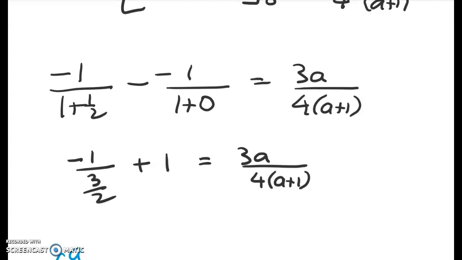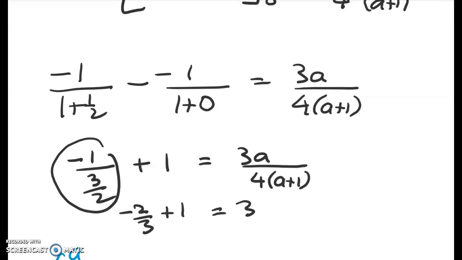That gives me here negative 2/3 plus 1 is equal to 3a over 4 times (a plus 1). So we've got 1/3 is equal to 3a over 4 times (a plus 1).